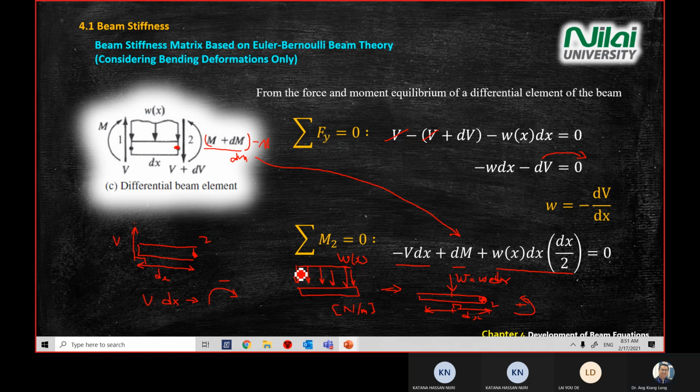If your distributed load acts along the whole element here, then when it converts into a focused load, the distance will be half, so dx divided by 2. So the moment created at point 2 is the big W, or the small w times dx, times dx divided by 2. That's why you get this term.